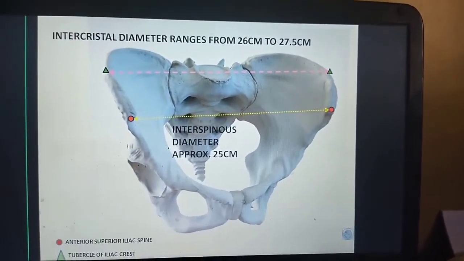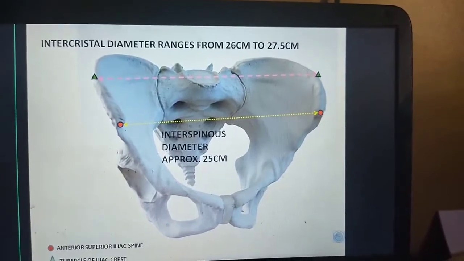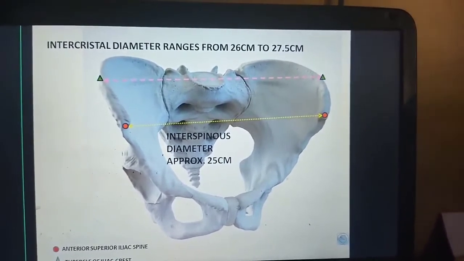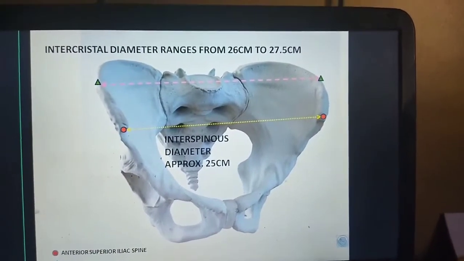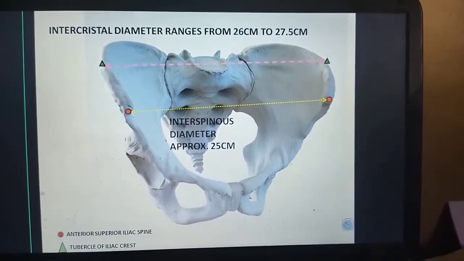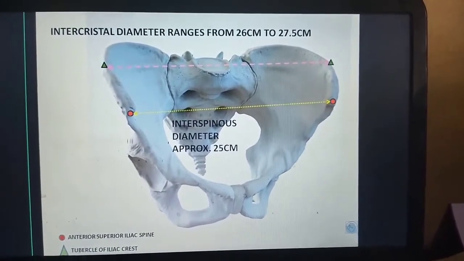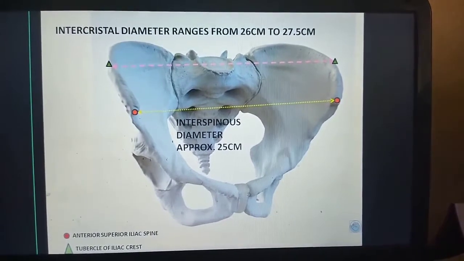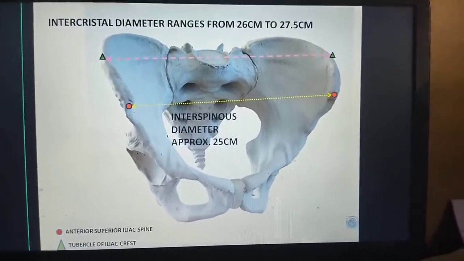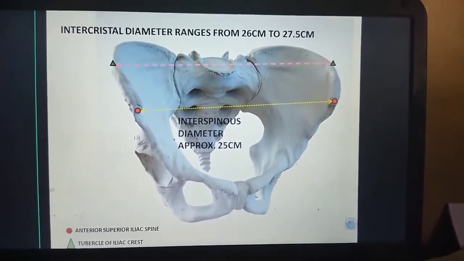Now these are two diameters: the intercristal diameter between the tubercles of the iliac crest ranging from 26 to 27.5 centimeters, and the interspinous between the two anterior superior iliac spines, which is about 25 centimeters.